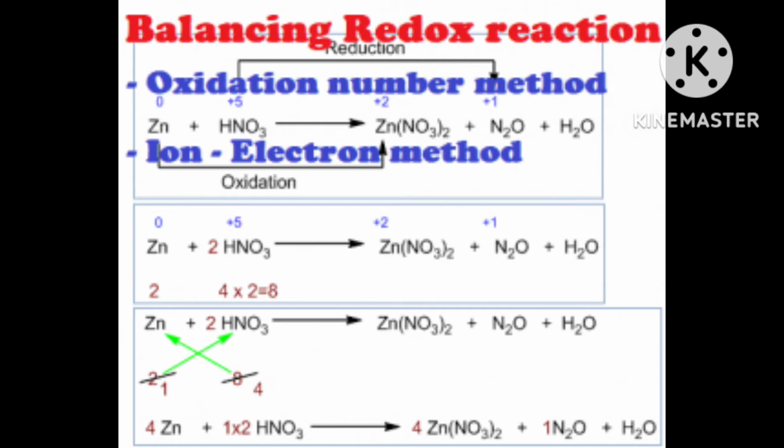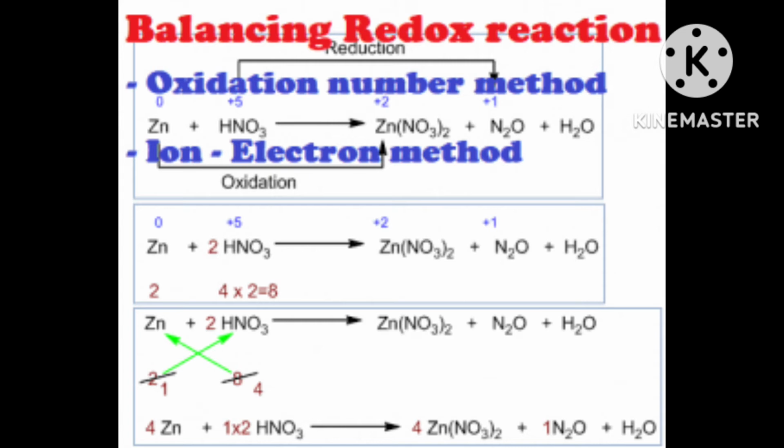Then 14 plus 2, 16 charge on this side. On the sulfite side, SO3, each oxygen is minus 2, then 3 into 2, 6, and the coefficient is 3, then 18.